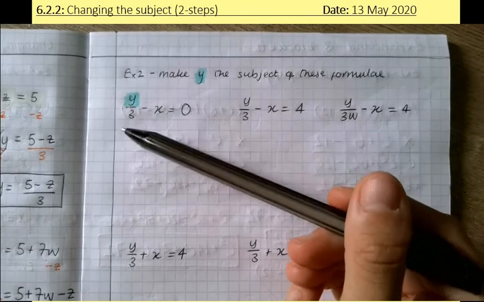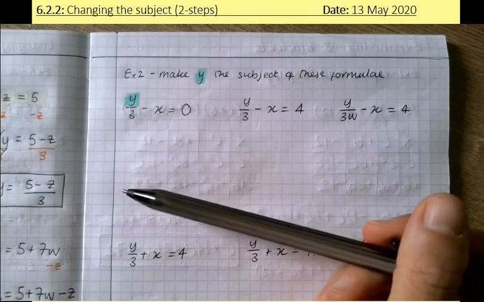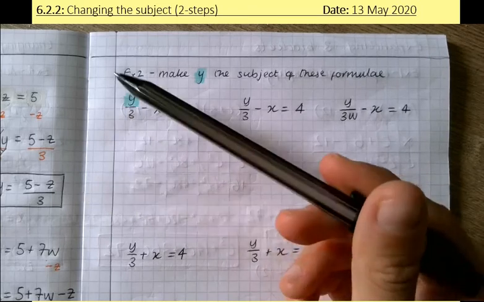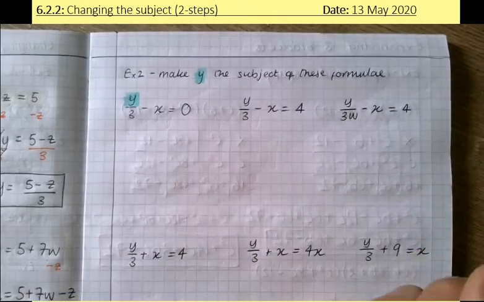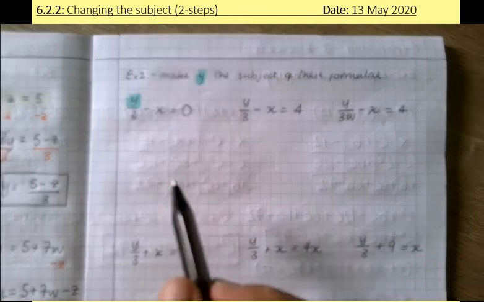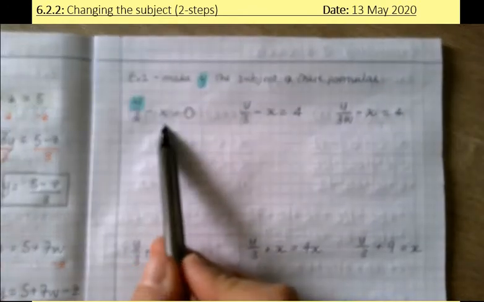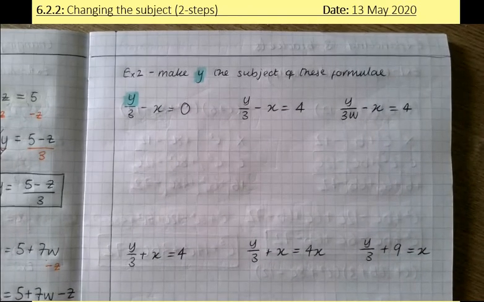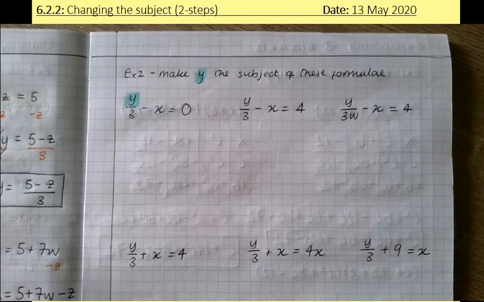So I'm going to do the inverse of those two things, but I need to follow this in a reverse order of BIDMAS, same as what we were doing before. So I'm going to eliminate this subtract x first, and I will then eliminate this divide by 3.